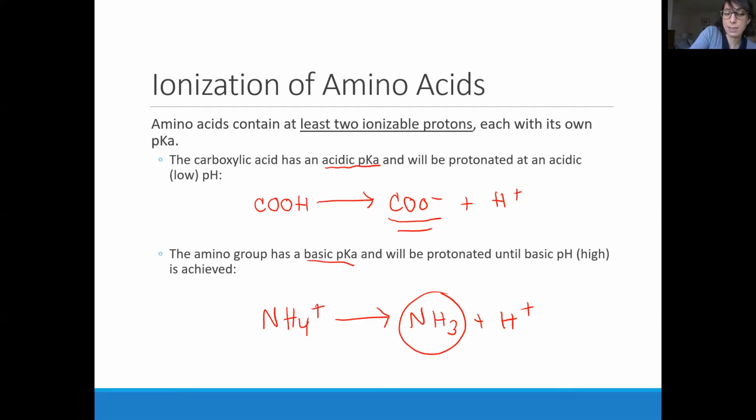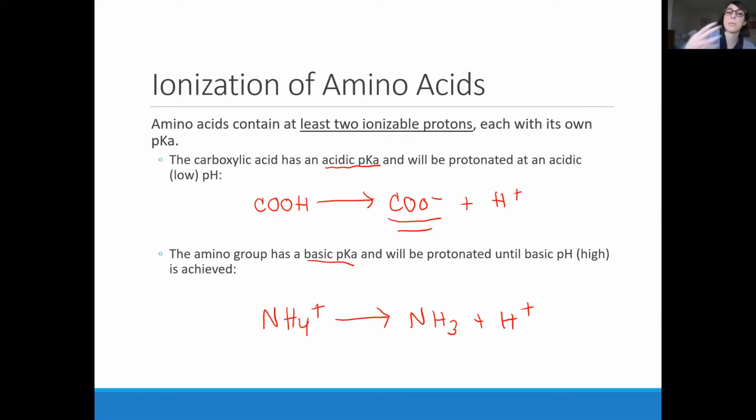But we just noted that this group, this amino group, is bad at being an acid. It's bad at dissociating its H plus. It has a very high pKa, which again means that this is not going to dissociate in normal conditions unless you are pushing it to a very, very basic pH.